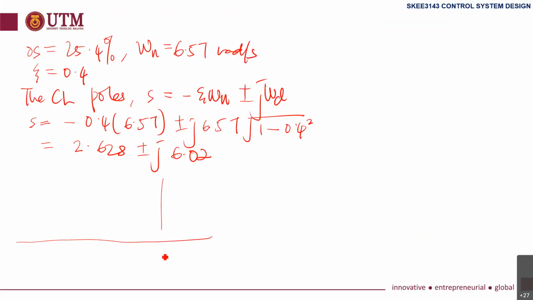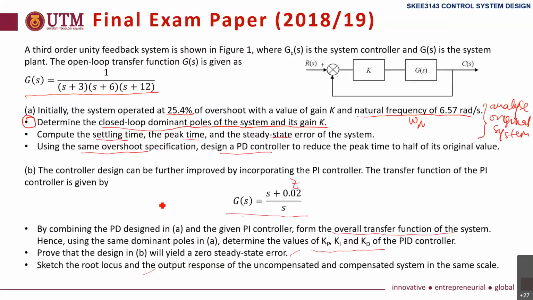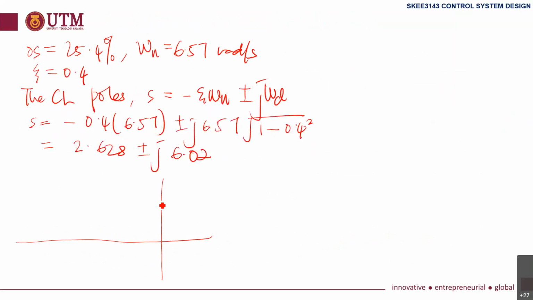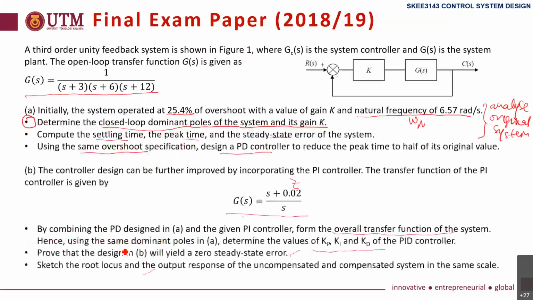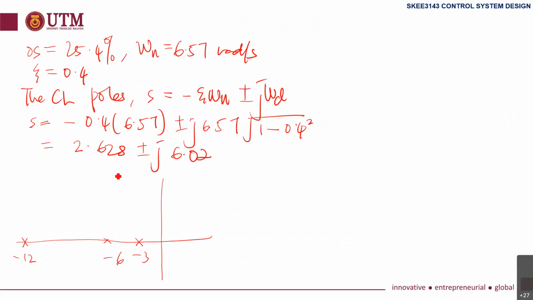Finding K, we can sketch. We can use the poles given, minus 12, minus 3, minus 6. You can see here there are 3 poles, negative 3, 6, 12. And the point that we are interested in is here, minus 2.628 plus j 6.02.